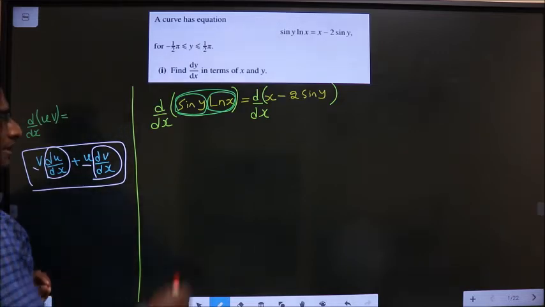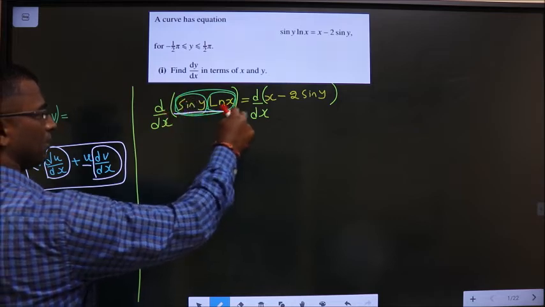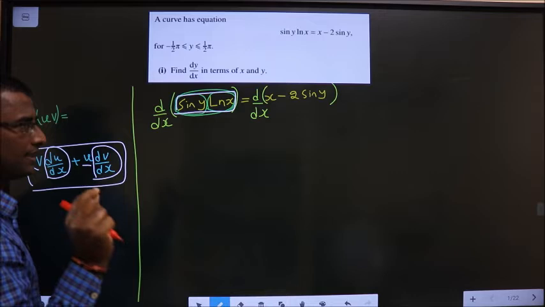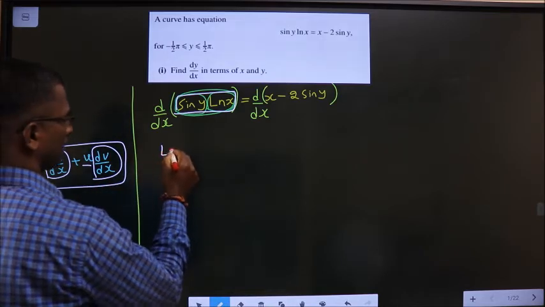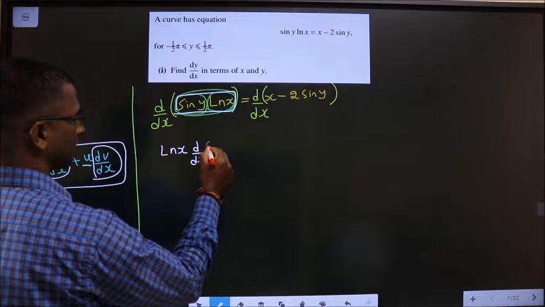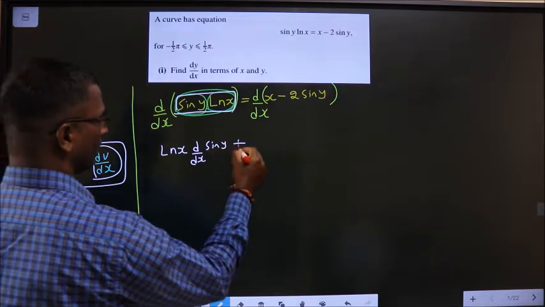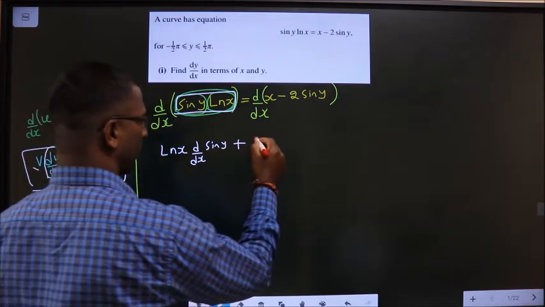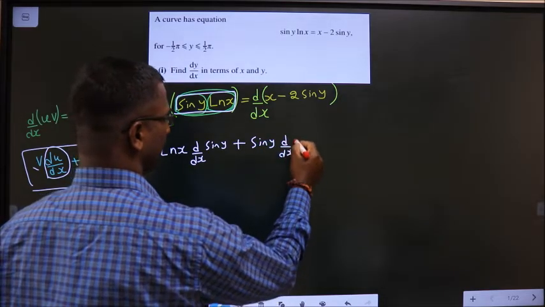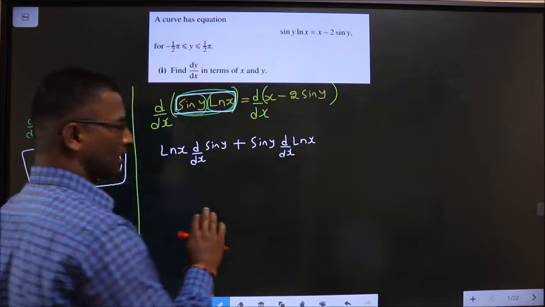Now here also the same thing. Apply the UV rule onto this one. That is, differentiate one at a time. So if ln x is outside, I differentiate sin y. And the next time sin y will be outside, I will differentiate ln x. Clear?